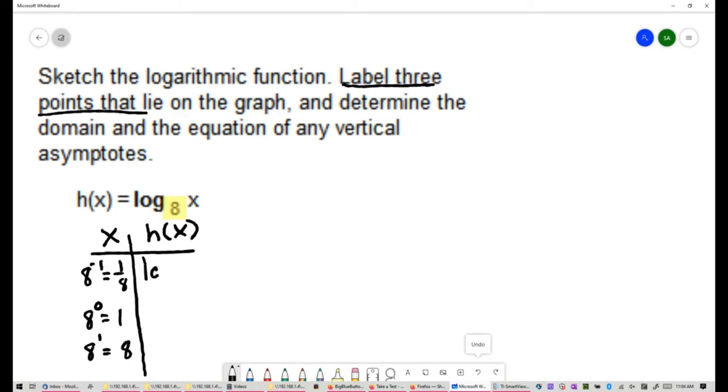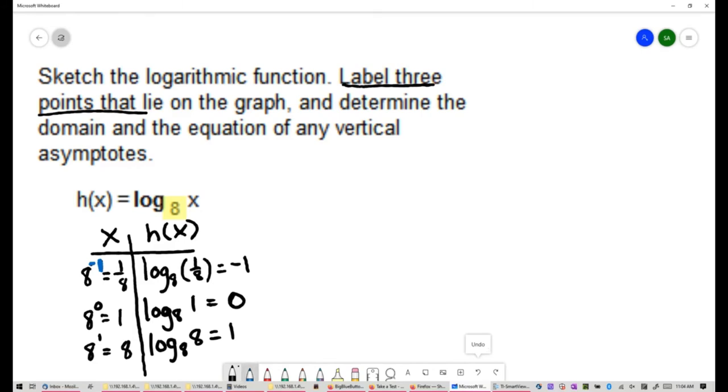So then I want to find the y, which is going to be log base 8 of 1/8. And that's going to give me a y value of -1. This is the y value here. Log base 8 of 1 will give me a y value of 0, and log base 8 of 8 gives me a y value of 1.